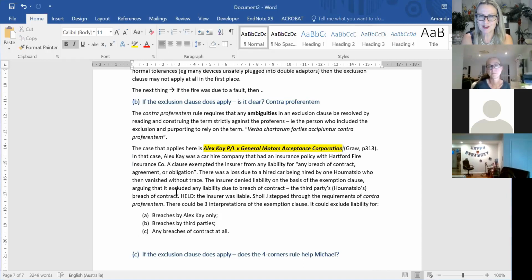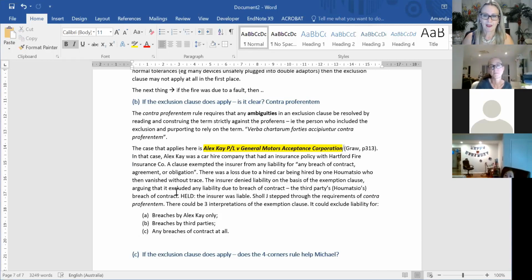Alex Kay hired a car to a naughty thief. The thief nicked off with the car. Alex Kay claimed against the insurance. The insurer said, "No, we're not going to pay you out. We're going to rely on the exclusion clause because there's been a breach of contract." The contract was breached by the naughty third party. Our exclusion clause says any breach of contract. So you're gone. We're not paying.